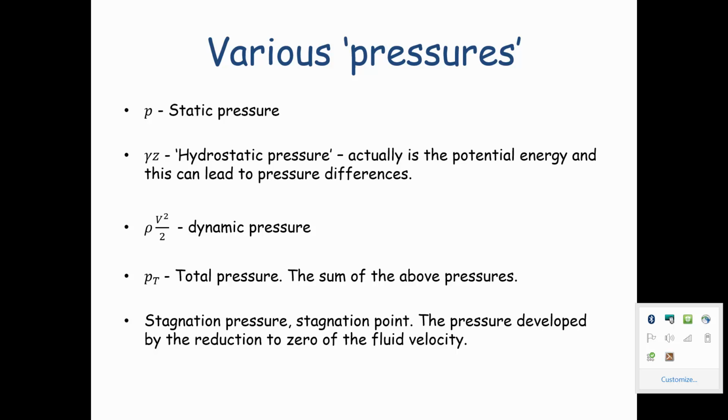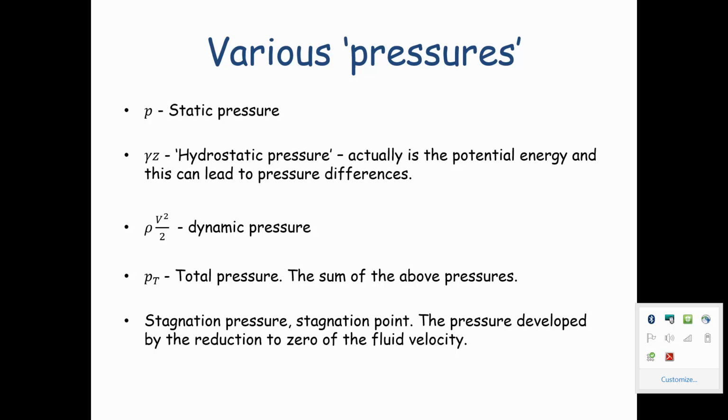We'll come up with rho v squared over 2, which is in the Bernoulli equation. We'll call that the dynamic pressure, and we'll see how that's applicable to certain fluid flow conditions. And then if we sum all those pressures together, if you see the first three pressures that are defined here, the static pressure, the hydrostatic pressure, and the dynamic pressure, they all appear in the Bernoulli equation for flow along a streamline. If you sum those three together, that's what we call the total pressure.